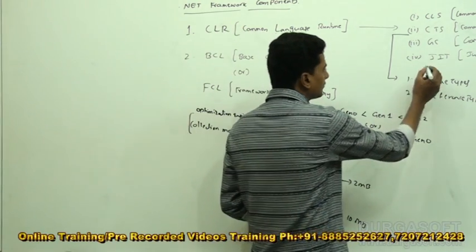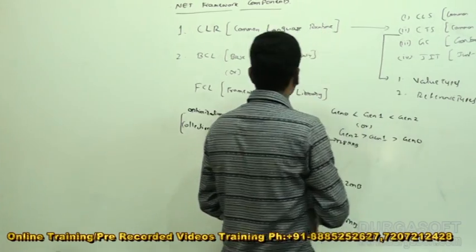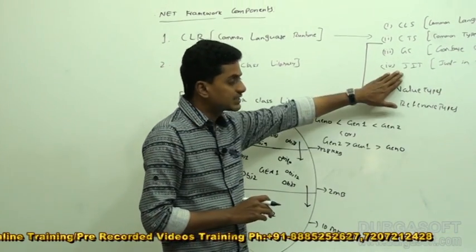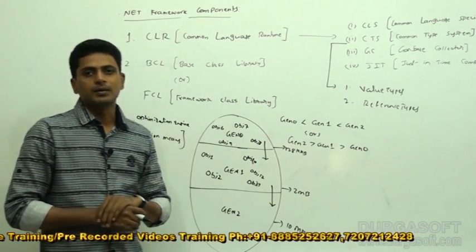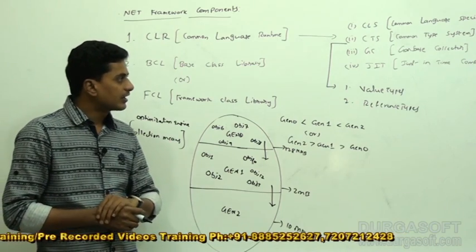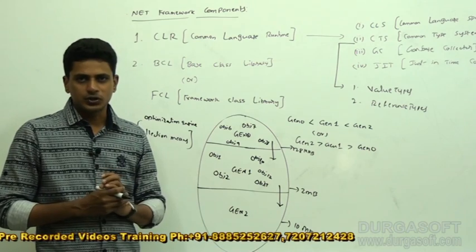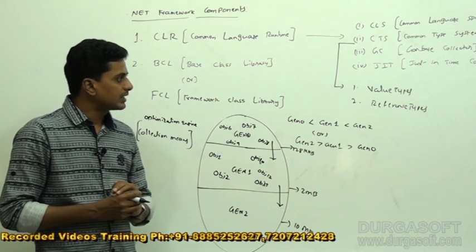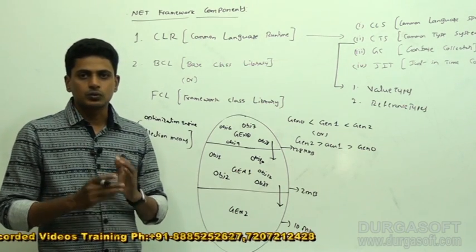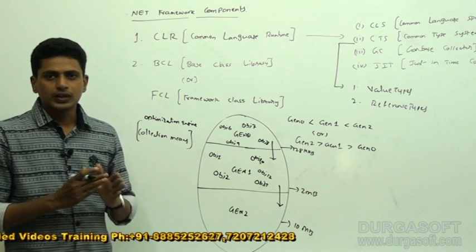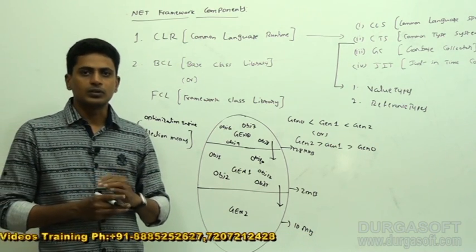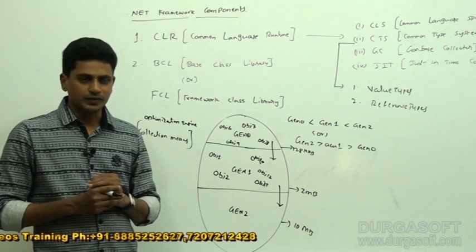The next and last component associated with CLR is the JIT, the just-in-time compiler. This is a compiler used in the second compilation of .NET program execution, and the just-in-time compiler takes responsibility for converting the MSIL code into system-understandable code, called native code or machine code.